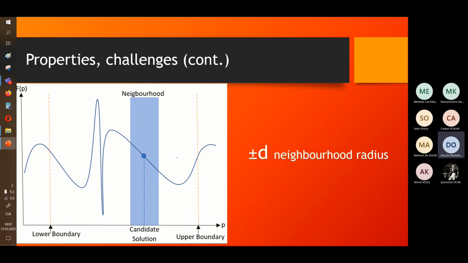So, produce a candidate solution, then within the neighborhood of this solution, produce another solution. Let's say this one.